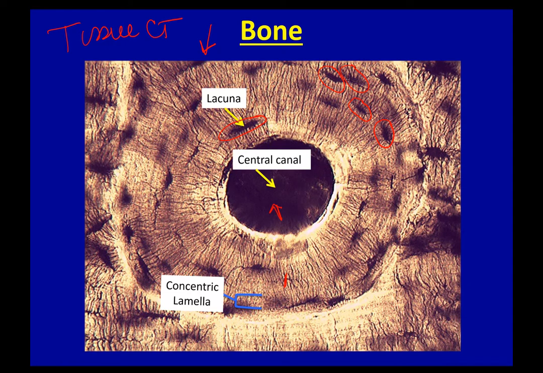Because your bone is as dense and hard as it is, you can't put things in later. So you have to make the pathways for arteries, veins, and nerves ahead of time. This central canal is one of the places where the blood supply goes in and dirty blood goes out through another blood vessel, and nerves travel through these central canals.